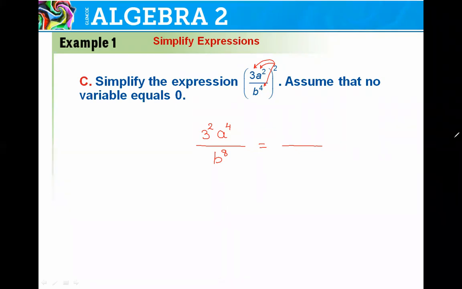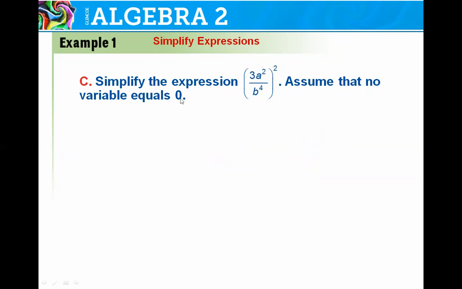There is no 2A or 2B to subtract the powers. We can get the answer of 3 power 2. It is only 9, just 9. This is the only change. So I just write here 9 A power 4 over B power 8, and this is our answer. Thanks, Faisal, thanks, Muhammad.